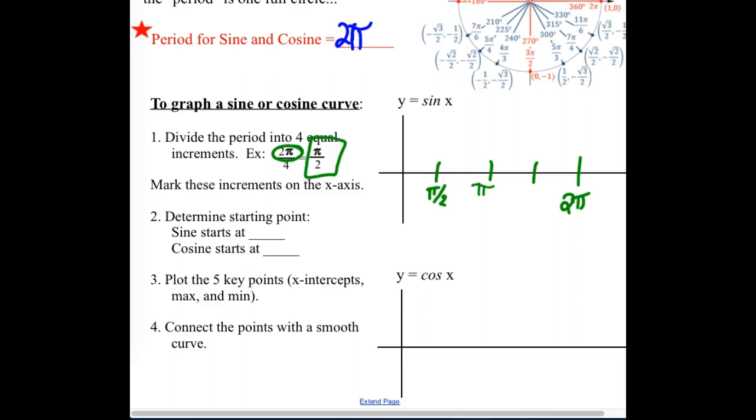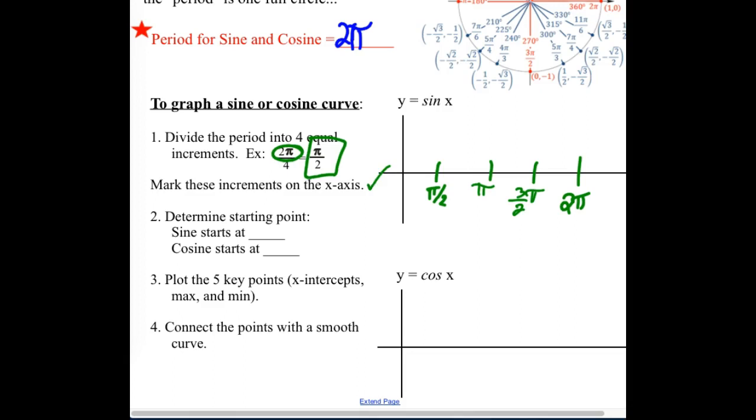What's my next one? Halfway between 1 pi and 2 pi. 3 half pi's, right? 1.5 pi. Okay. So do I have 4 equal increments? I sure do. Do I have increments that are going up by pi over 2's? Okay. So we marked the increments on our graph.